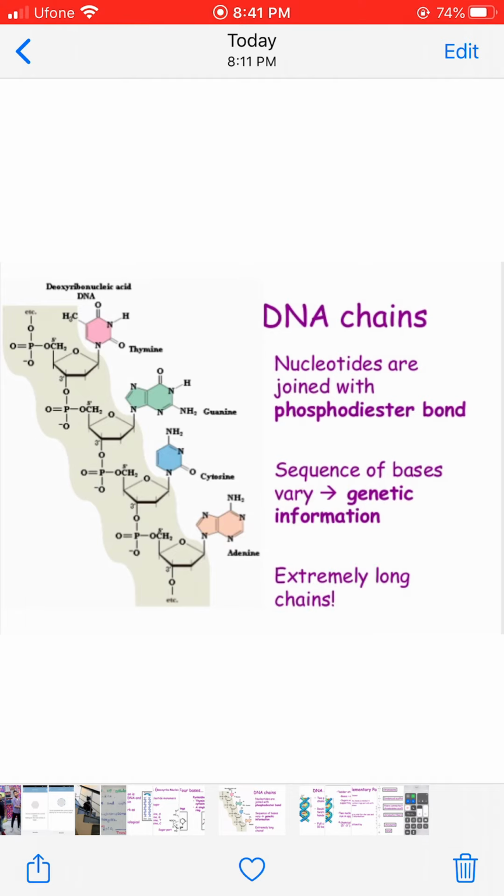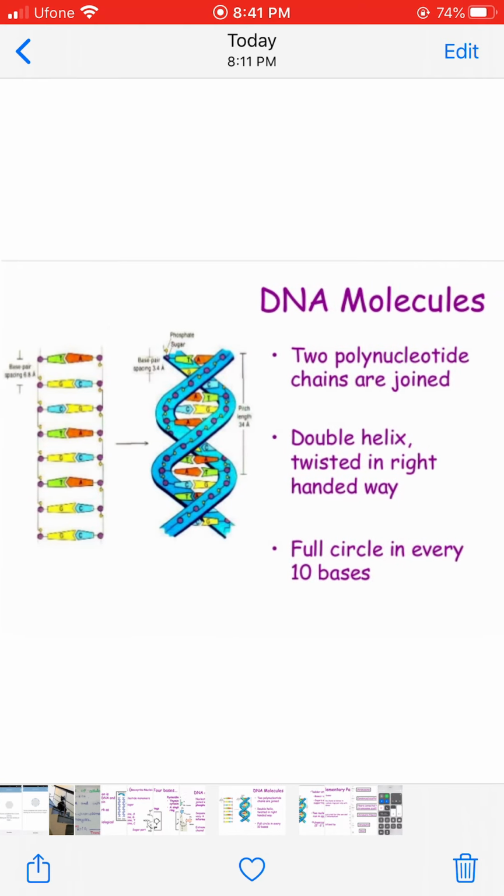These are extremely long chains of DNA, which are closely packed with each other in the form of antiparallel strands, and form the DNA molecules.